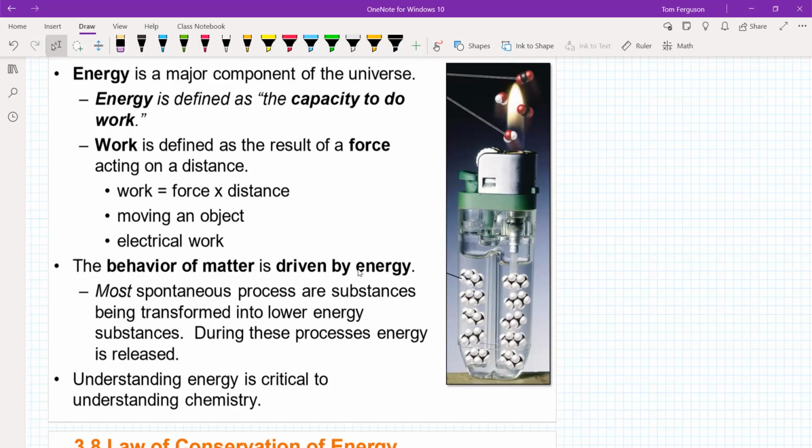So when you break a bond, you're releasing some potential energy, and then the bonds are going to be reformed on the product side. And what you end up with in the products is less potential energy in the bonds.